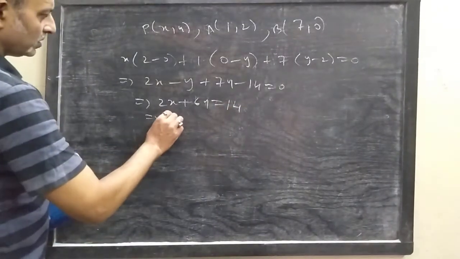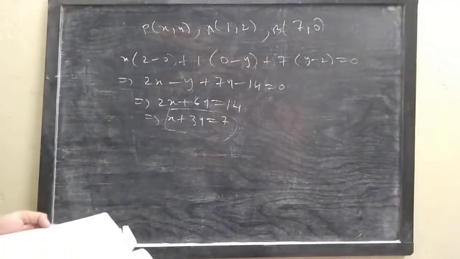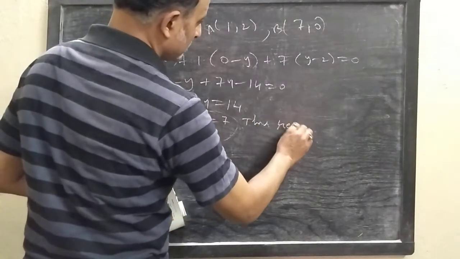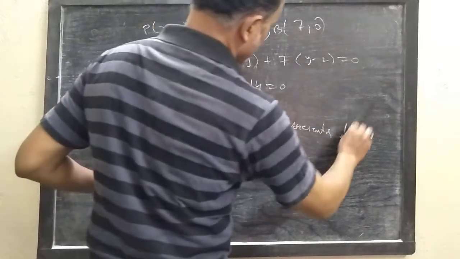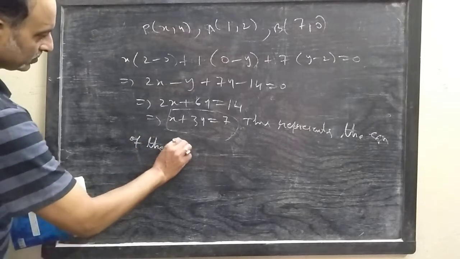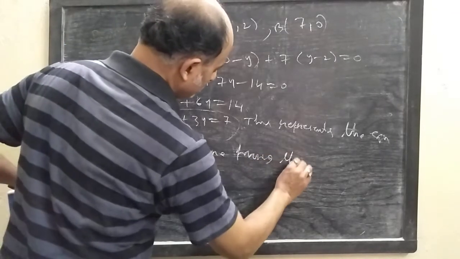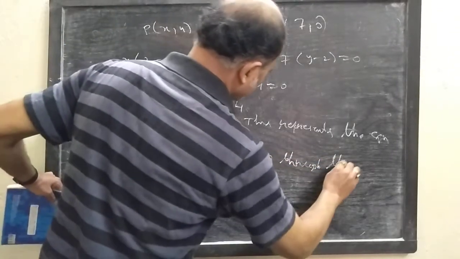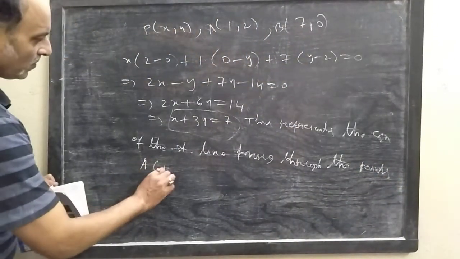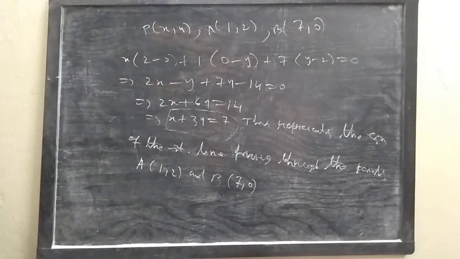So divide it by 2, you get this. This is the relation between x and y, and this represents the equation of the straight line passing through the points A(1, 2) and B(7, 0).